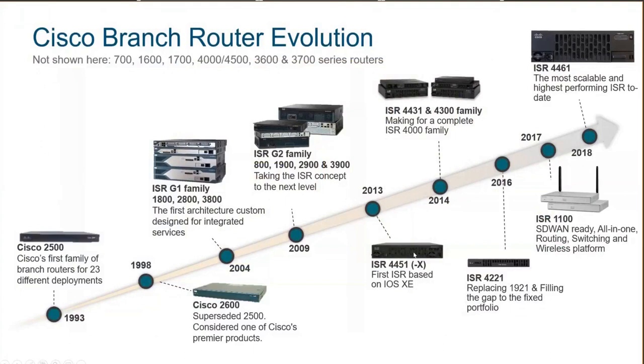Then we had the first ISR based on IOS XE, that was 4451X. Then we had the 4400 and 4300 family, then came 4200. Then we have the latest ISR 1Ks, and the most latest is ISR 4461. So these are the different routers in the segment of branch routers.